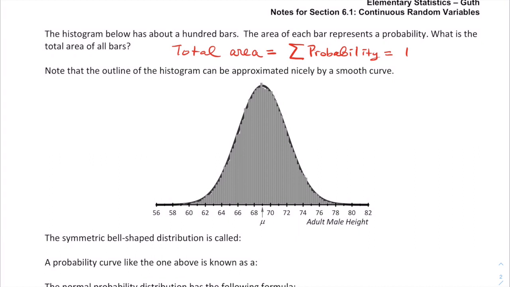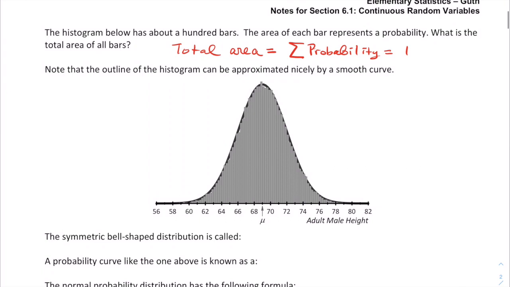Now below, with 100 bars, you can see that it starts to make sense to use a smooth curve to represent the distribution of probability. This smooth curve right here is called a probability density function.